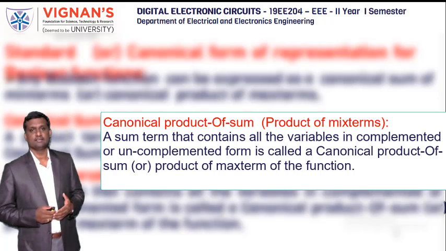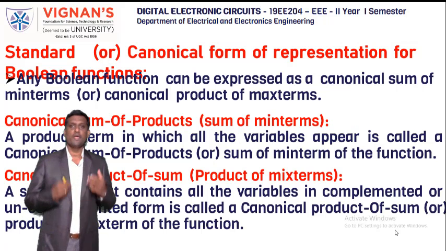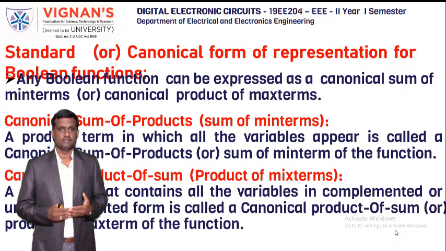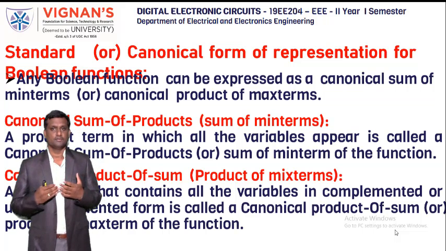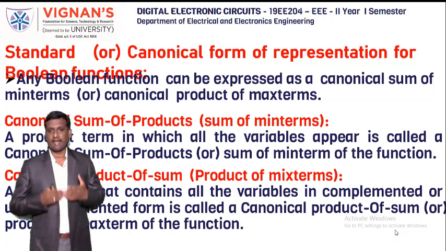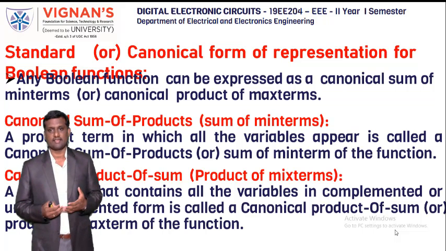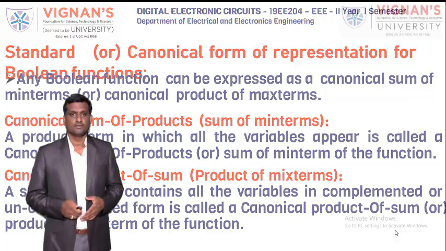So, like that, there are two ways of representation for the Boolean function. One is the canonical form of min terms representation, and the other is the canonical form of max terms representation. Now we will see one by one with examples.